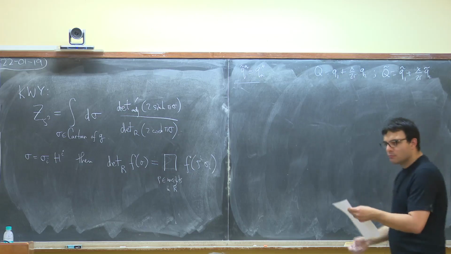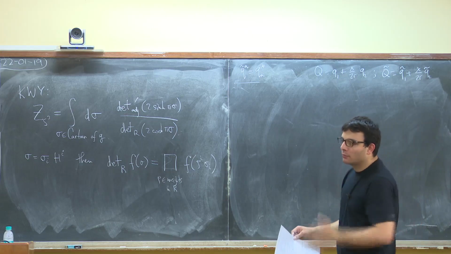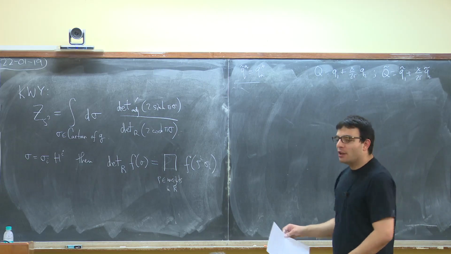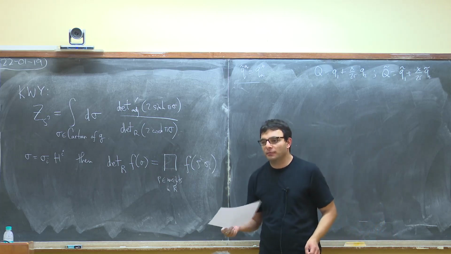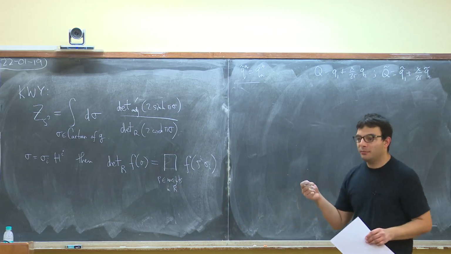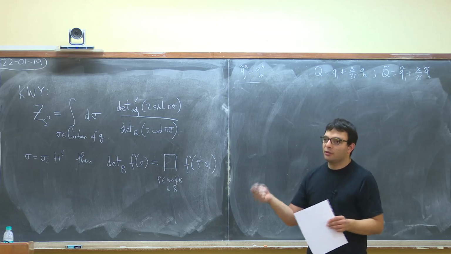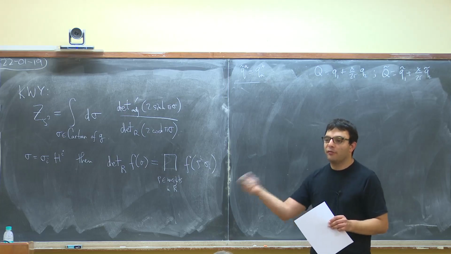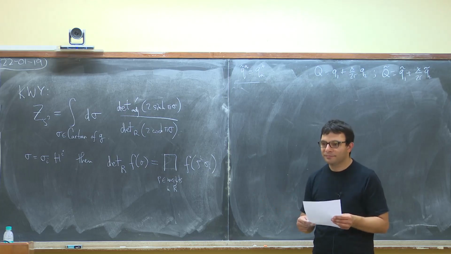But here, you can use their supercharge and consider operators that are closed under that supercharge. Yeah, but in general, it's very hard to find local operators that are closed under a supercharge, just because the supercharge usually squares to a translation. And for an operator to be invariant under the supercharge, it should be invariant under the square root of the supercharge as well, so it should be invariant under that translation. So local operators typically don't do that.